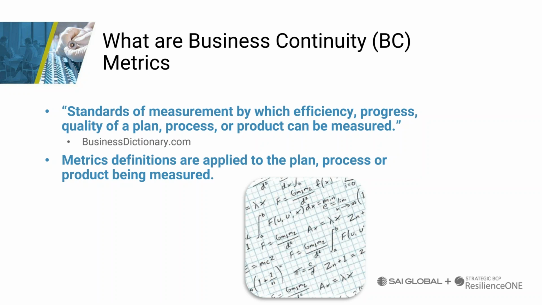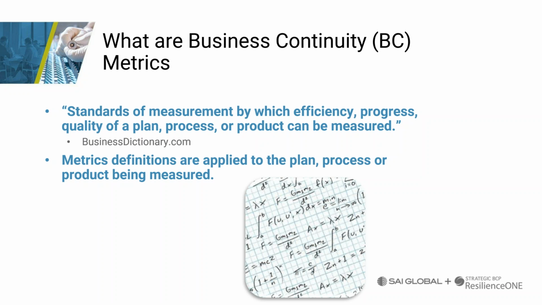How well are we recovering? Progress, when we look around our program, what kind of progress are we making on our planning tasks? Quality of the plan. When we're doing our deliverables, how good is it? How well does that help us to recover? So metrics definitions are applied to the plan, the process, or the product being measured. So that's the overall definition.